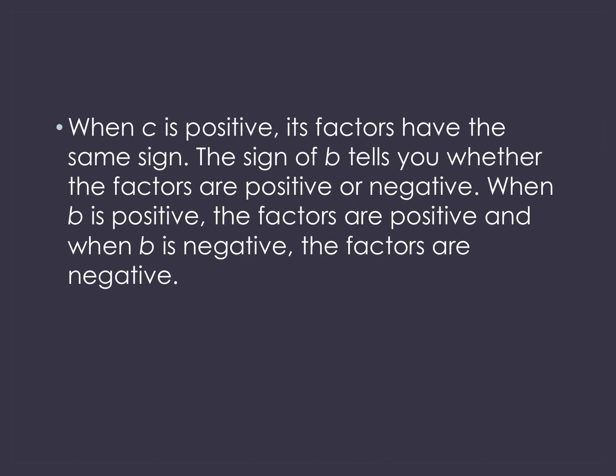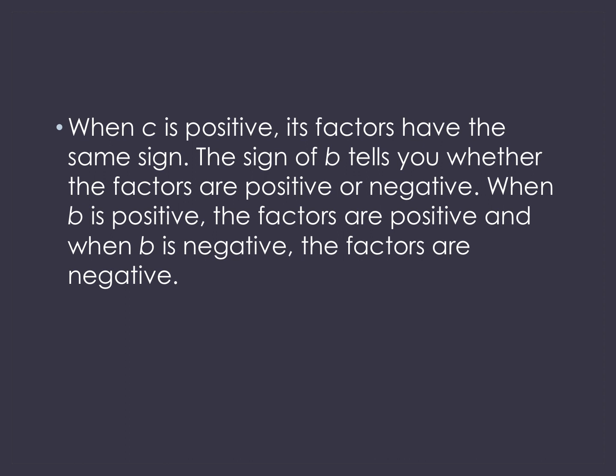So this is just an explanation of what I just did. So when that last term, that c term, is positive, then the factors in your binomials, or the numbers that you find, are going to have the same sign. And the sign that they're both going to have is going to be the sign of the middle.